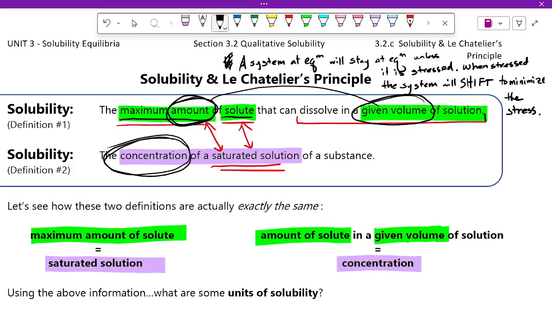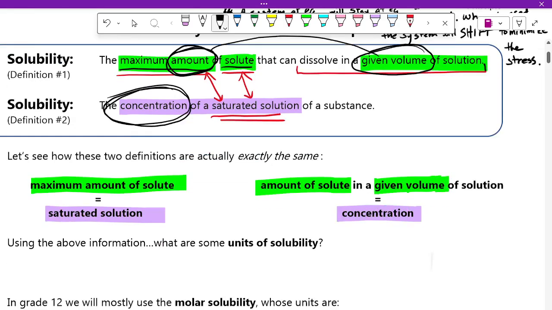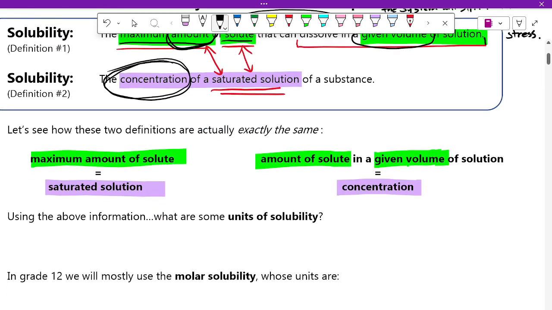Concentration. So they're actually saying exactly the same thing, just different wording. Don't get too wound up about that. If you have to define solubility, you can pick one of those. Using the above information, what are some units of solubility?